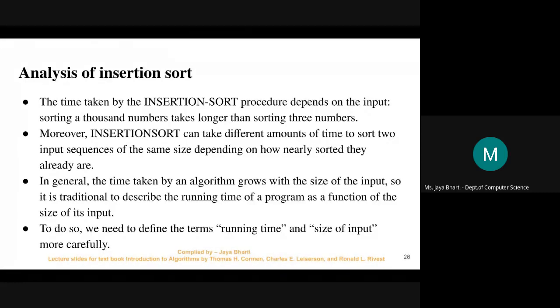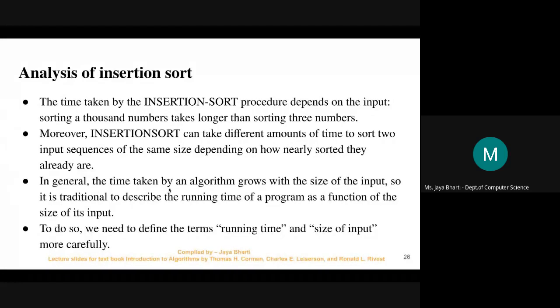These three variants will take different times. Although the elements are the same and the array size is the same, it will still take different amounts of time to sort the elements, because the arrangements are different.